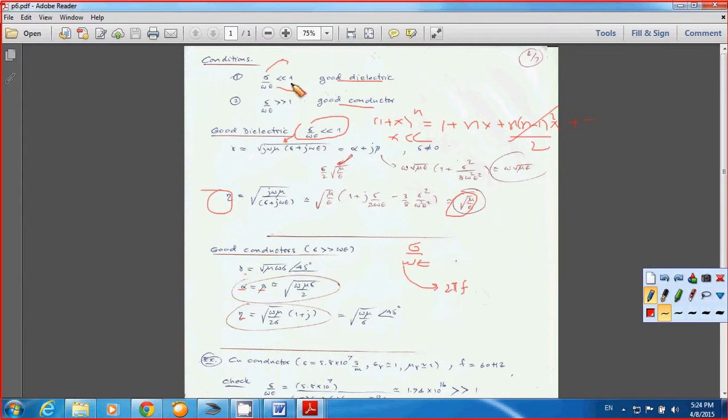Okay, for the case where the frequency is very large, this term is getting smaller, right? So it becomes this case. But when your frequency is smaller, this term becomes large, and this can turn the medium from a good dielectric into a good conductor. Okay, so please keep that in mind.